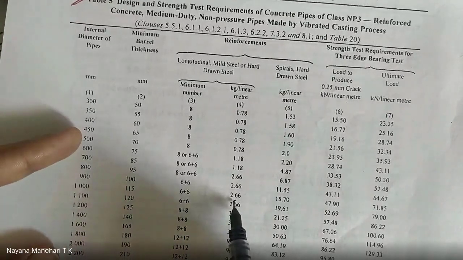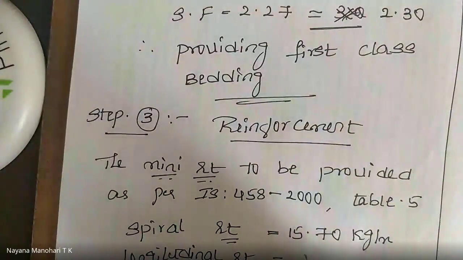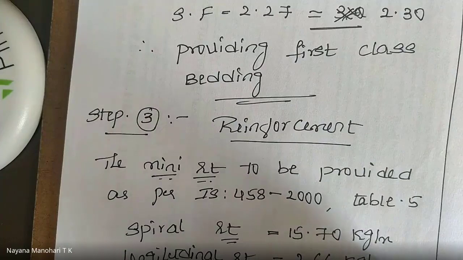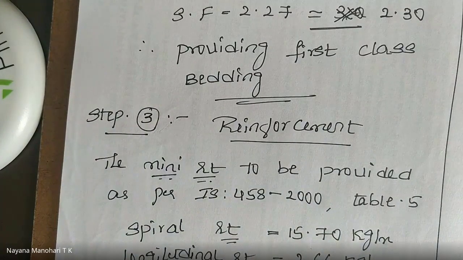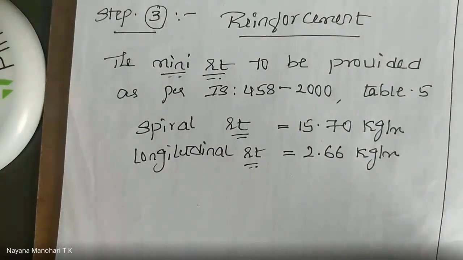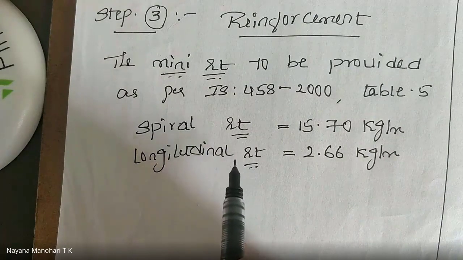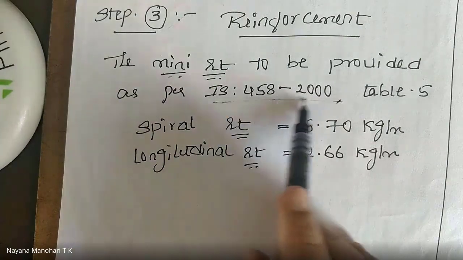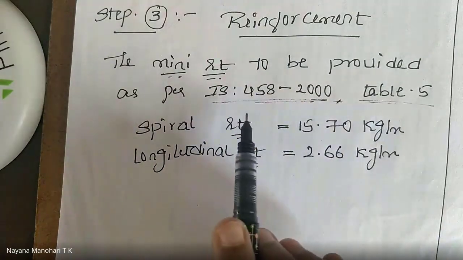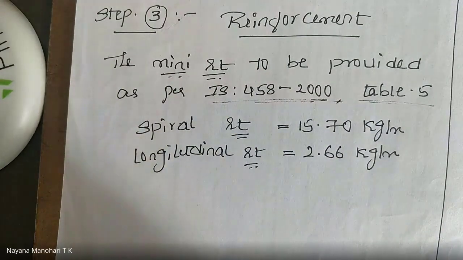Longitudinal reinforcement is needed, that is 2.66 kg per meter. Okay, see here spiral reinforcement and longitudinal reinforcement. You will get it directly from this code IS 456 table number 5 for internal diameter 1 meter.